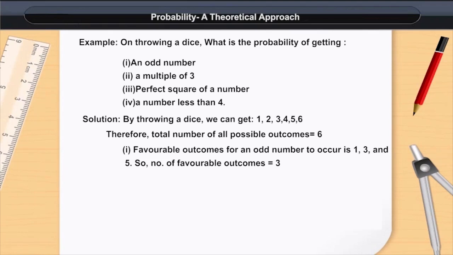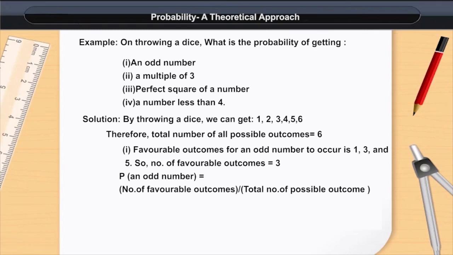So, the number of favorable outcomes is equal to 3. P(an odd number) is equal to the number of favorable outcomes upon the total number of possible outcomes, is equal to 3 upon 6, is equal to 1 upon 2.